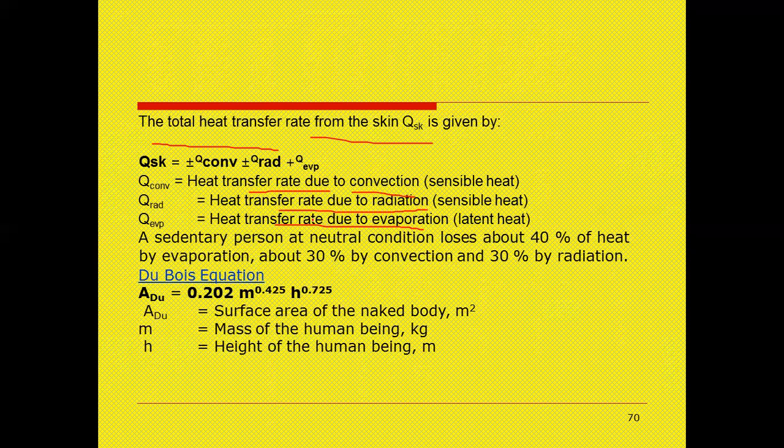A sedentary person at a neutral condition loses about 40% of heat by evaporation, about 30% by convection, and 30% by radiation.